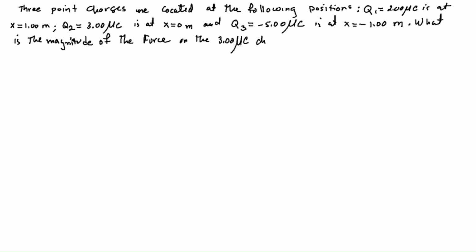This problem is a problem to use the superposition principle, because we have here 3 charges. So we're going to have a coordinate system. This is the y-axis and this is the x-axis here. Then we have one charge that is q sub 1 that is located 1 meter to the right of the origin.